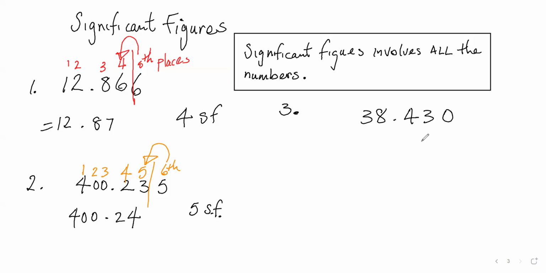$38.430. I want the answer to 3 sig fig. All right, so Genesia correct.